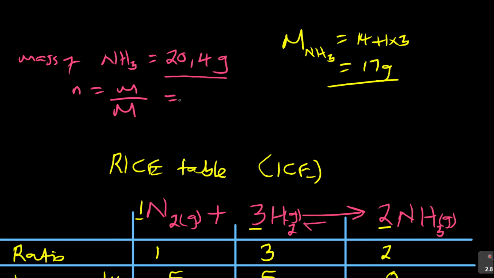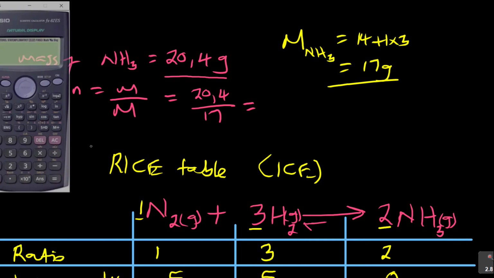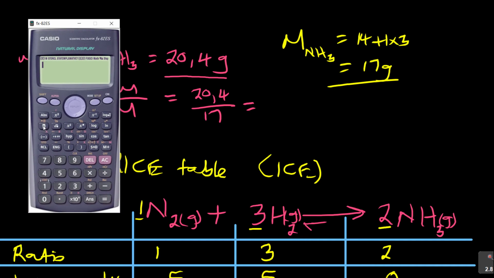I need to find the number of moles of ammonia at equilibrium, which is 20.4 over 17. Let me take my calculator here: 20.4 over 17.